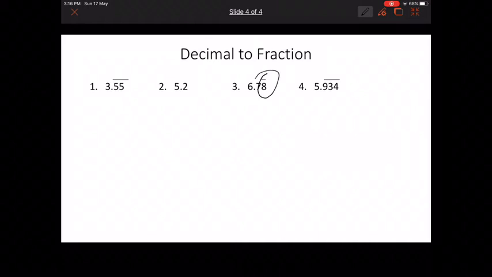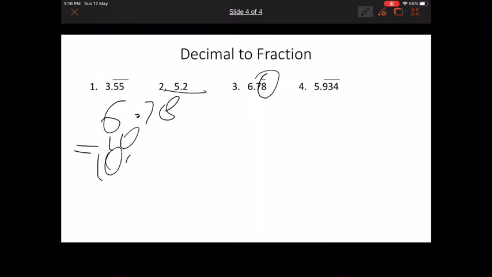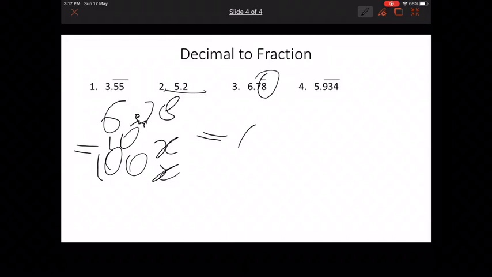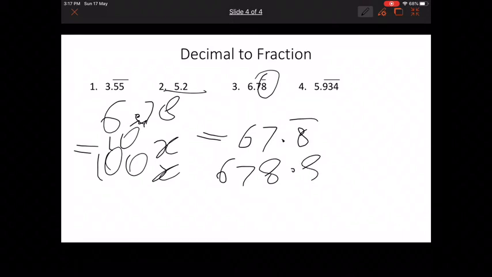After that, there is a bar only above one number here, that will become 6.78 bar. This would be 10x and 100x. You can just build up the logic for many numbers like this. It would become 67.8 bar and 678.8 bar.